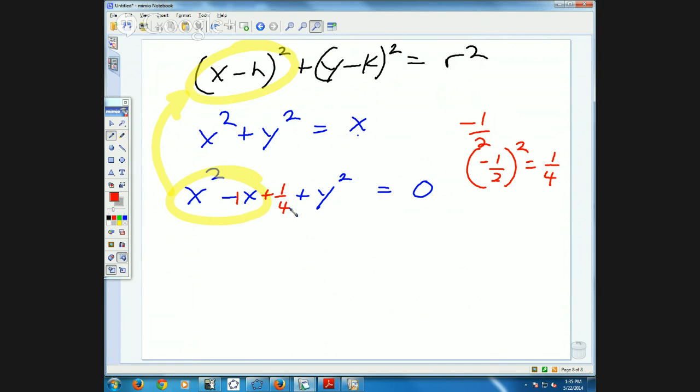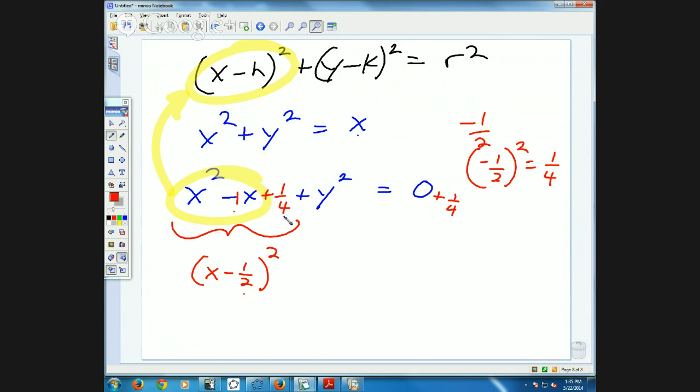Since I added on the left, I better add it on the right too. Now, completing the square means what I've now created is a perfect square with the x's. That's going to be the square of x minus 1/2. Right? Negative 1/2 plus negative 1/2 would be negative 1 in the middle. Negative 1/2 times negative 1/2 gives me the positive 1/4 on the edge.